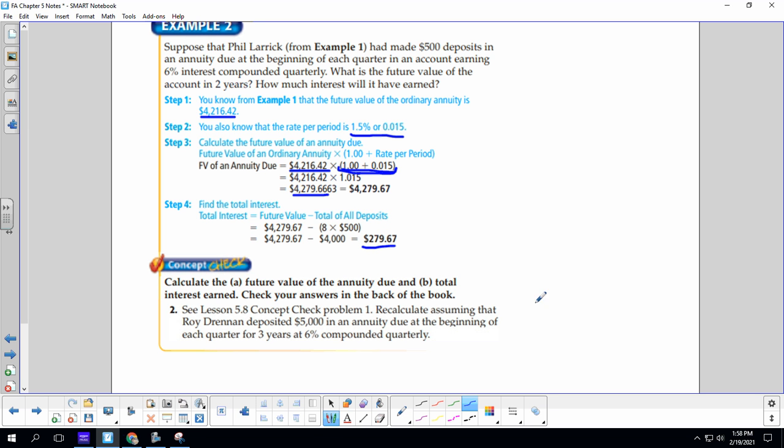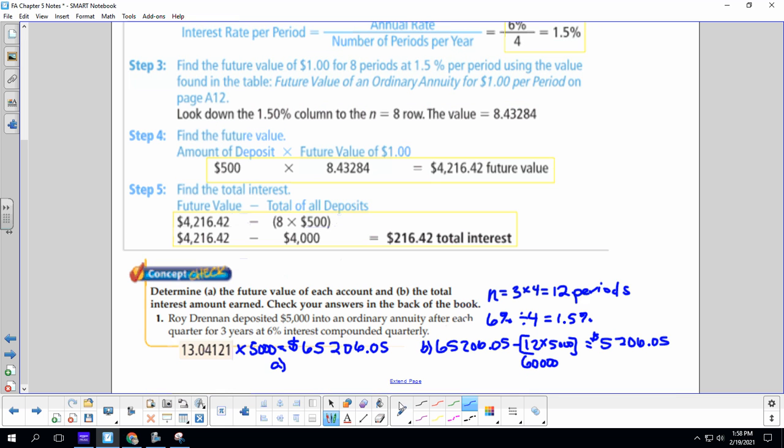Okay, we're going to practice this using the concept check that we just did. So let's take our $65,206.05.